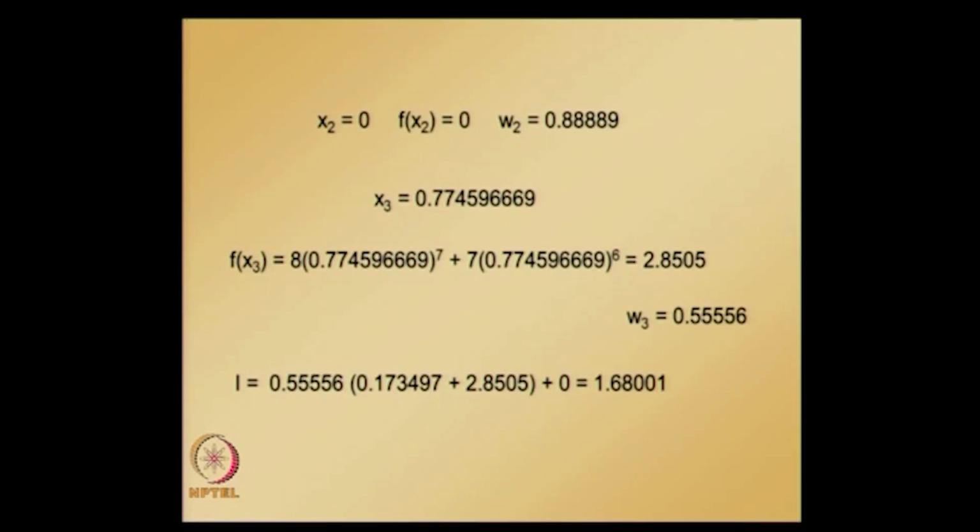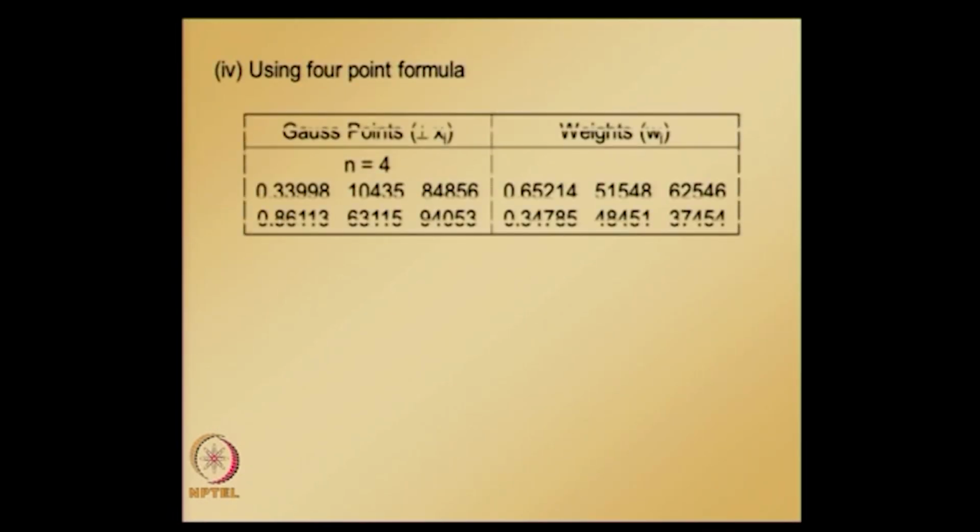You can see, with one integration point, when we use n equal to 1 we got 0, when we adopted n equal to 2 we got 0.5185, and when we adopted 3 points we got 1.68. So, the solution is still not converged. Let us see what we get when we use 4 points.